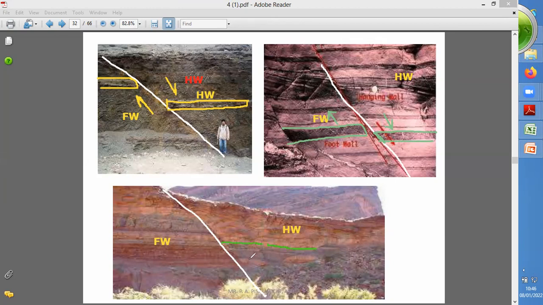Suppose this black layer and this black layer. Okay, so this black layer is towards upward side in the footwall and in the hanging wall it is towards the downward side. So this is again type of the normal fault. These are the images of the field photographs regarding the normal faults.